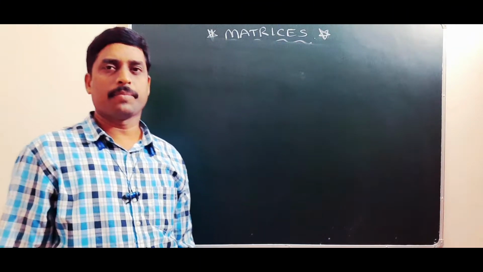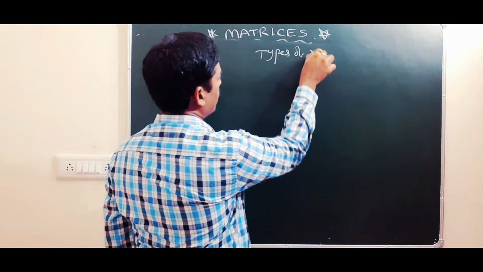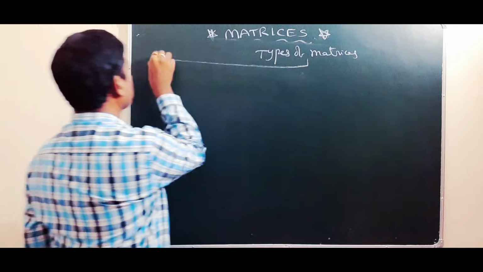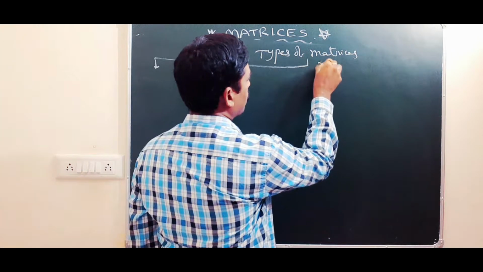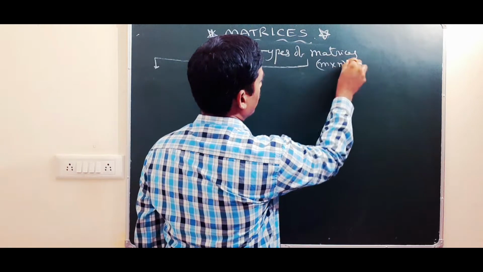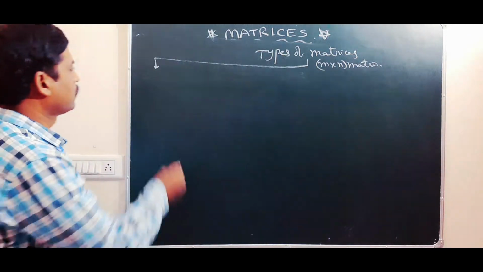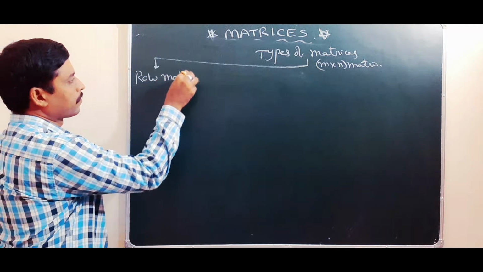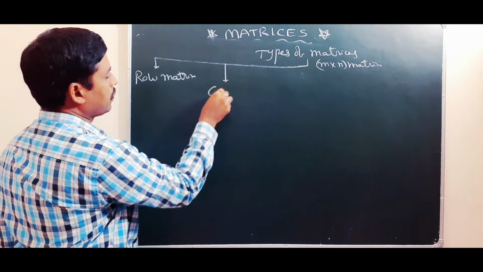Okay, now let us explain the types of matrices. Let us take an m by n matrix. The first type is the row matrix. The second one is the column matrix.